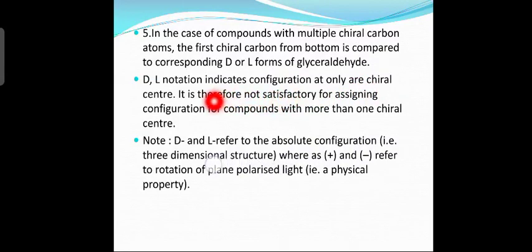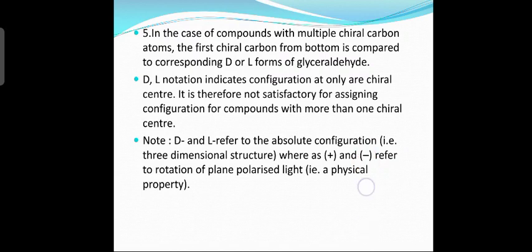It is therefore not satisfactory for assigning a compound with more than one chiral center. Now note, D and L refer to the absolute configuration, that is the 3-dimensional structure, whereas plus and minus refer to the plane polarized light, that is a physical property. That means right rotation or left rotation of plane polarized light.